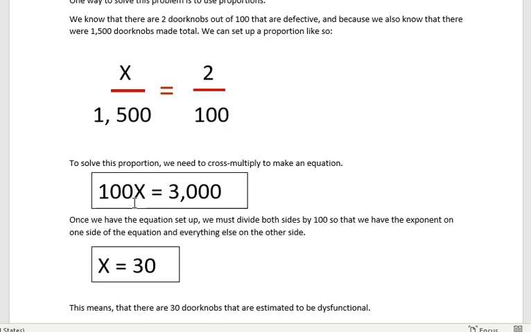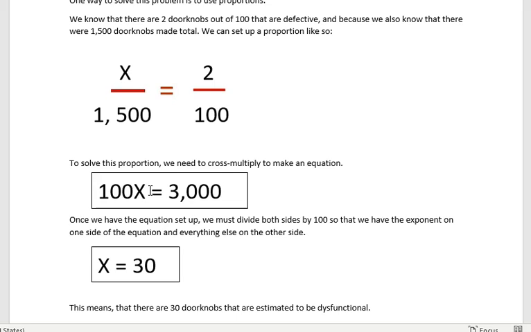So x equals 3,000 divided by 100. 3,000 divided by 100 is 30. So we then know that out of the total population, 30 doorknobs will be dysfunctional.